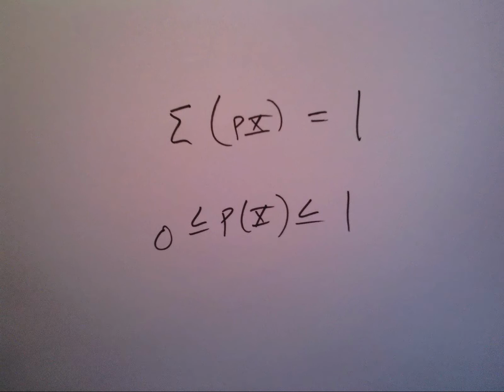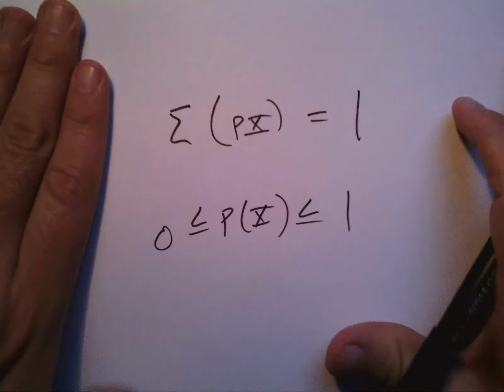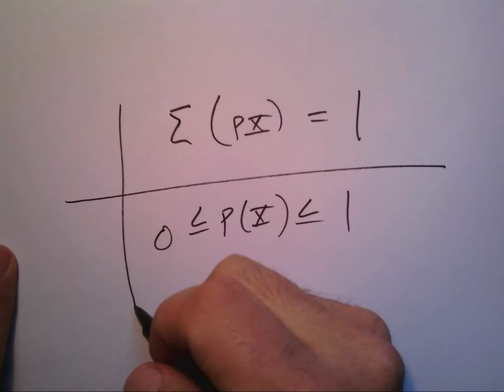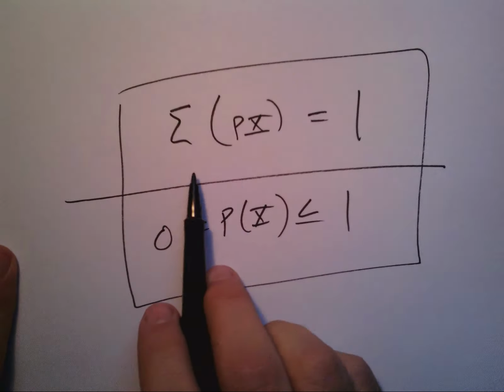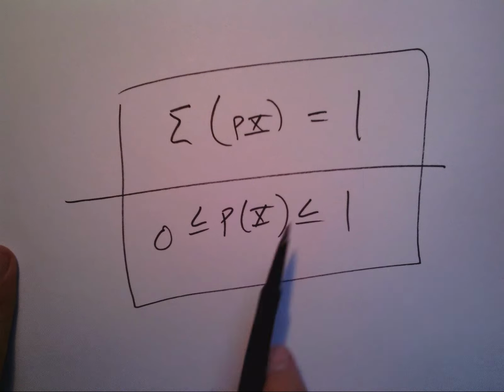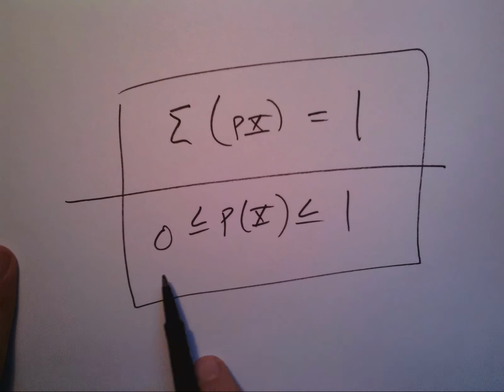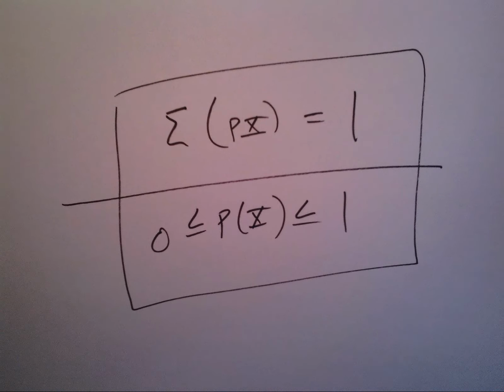Now, when we did the earlier stuff in chapter 4, they had two other things, that things could be 0 or things could be 1. Now we're just focusing on the meat of it, these two rules. You add up all the probabilities, it's 1. All the individual probabilities live between 0 and 1. And with that, you should be able to do everything in 5.1.